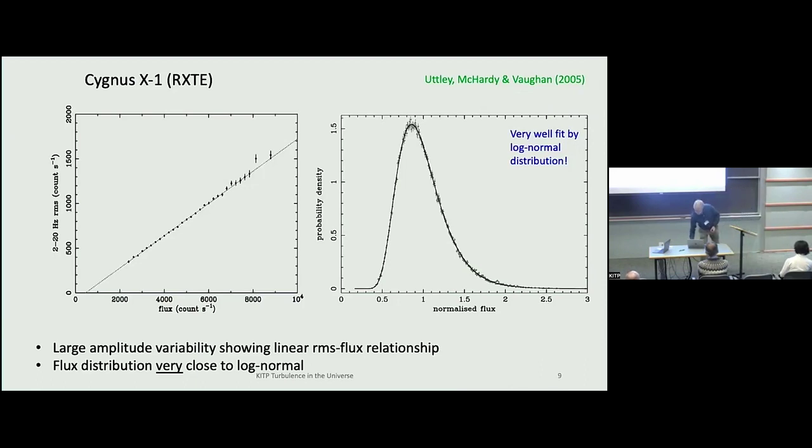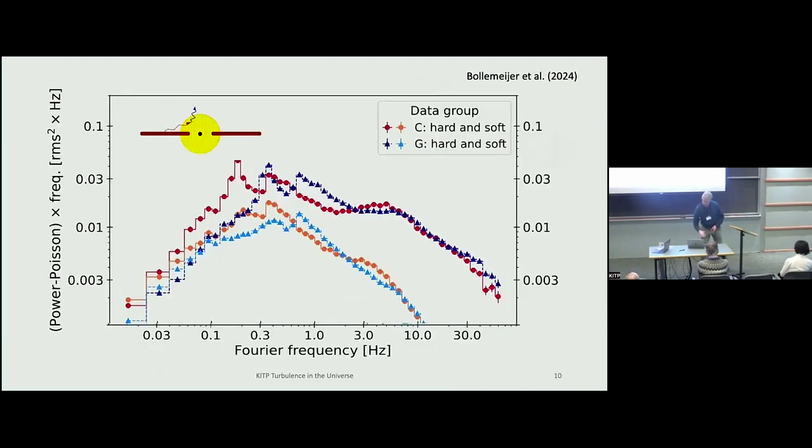So that's the PDF. Going back to the power spectrum, these power spectra are broad. The thing I want to flag here is to look at the frequencies this goes down to. You have appreciable power at 0.1 hertz. That's 10-second timescales coming from the inner regions of the disk, where the light crossing time is measured in tens of milliseconds.